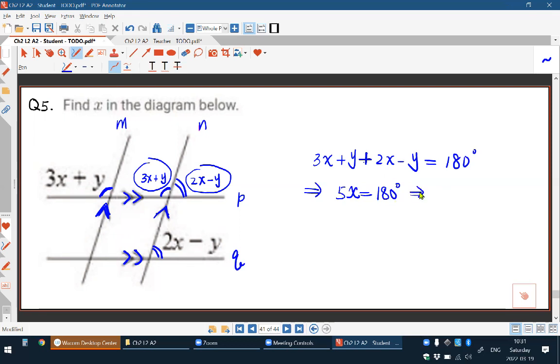So that gives us x is actually 36 degrees. Okay, because it only asks us the value of x, we don't care about the value of y. Y could be anything that is legit.